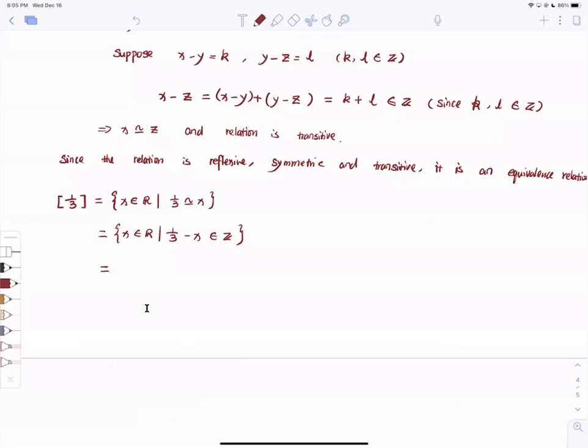Since it's an equivalence class, we know it's symmetric, so it doesn't really matter. Lucas, 1 over 3 minus x equals m for some m. Well, what you wrote and what's here, there is no difference. Okay, Amelia said any n over 3 such that n equals 3m plus 1.